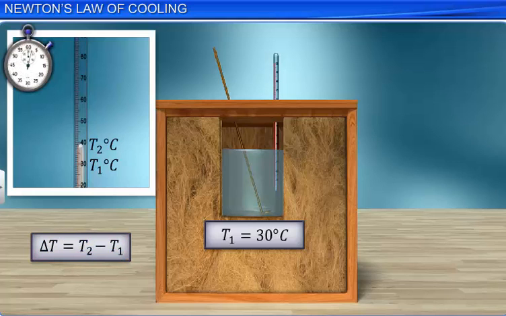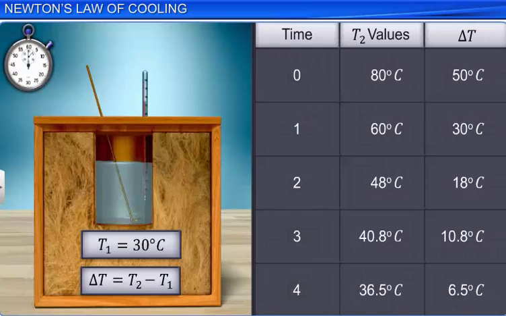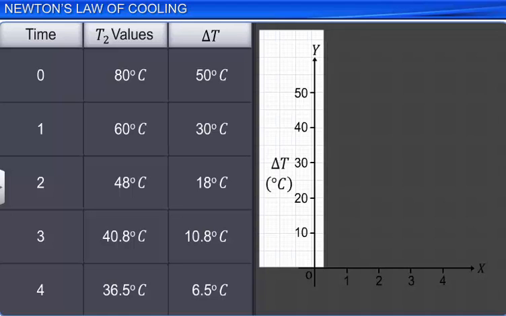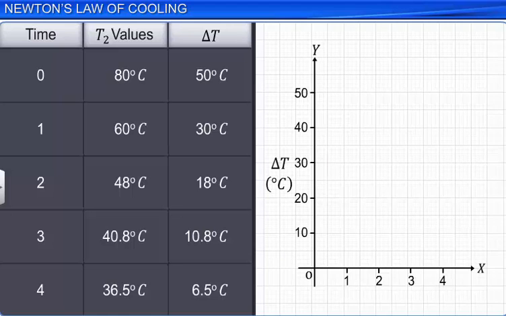Delta T can be computed for each value of T2. When a graph is plotted by taking delta T along the y-axis and time t along the x-axis, we get a curve.